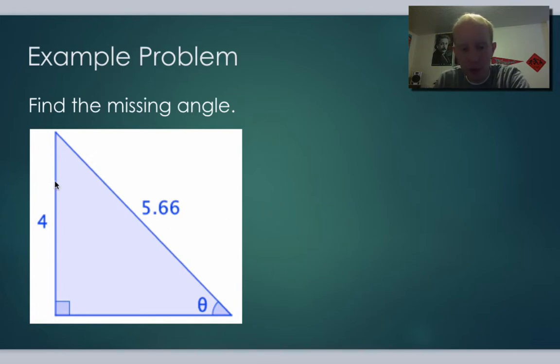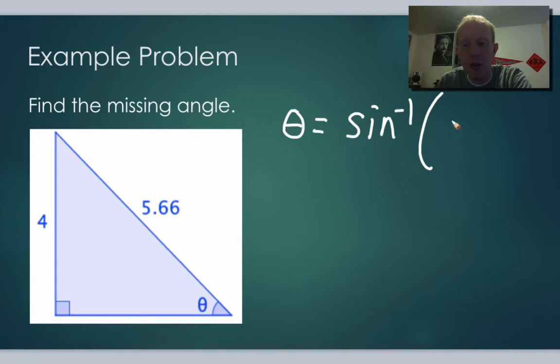Because we're trying to find the angle, we're going to set up an inverse trig ratio. The angle is going to be equal to, since we have an opposite and the hypotenuse, inverse sine. I'm going to write it this way: sine inverse of the opposite over the hypotenuse.